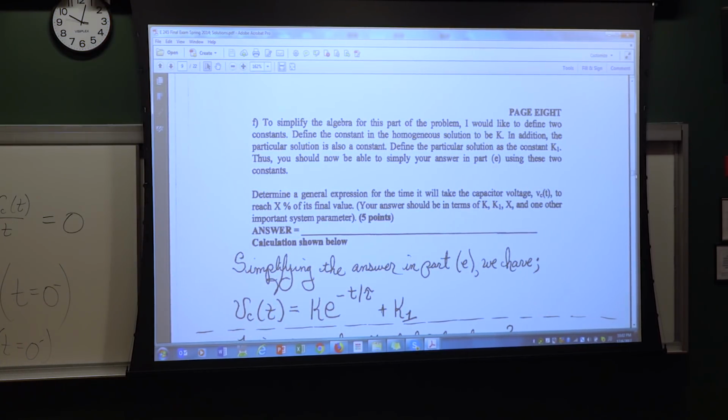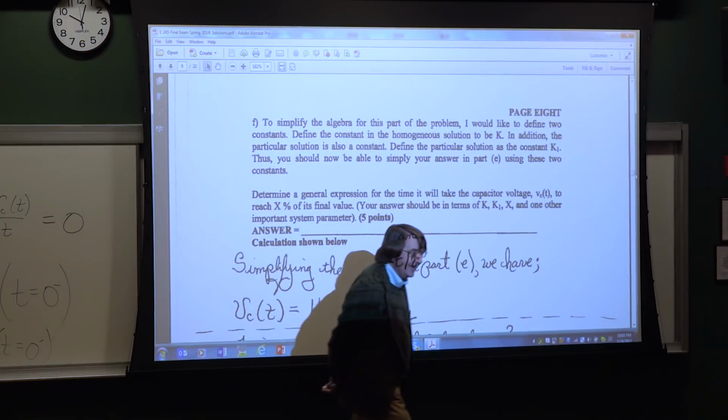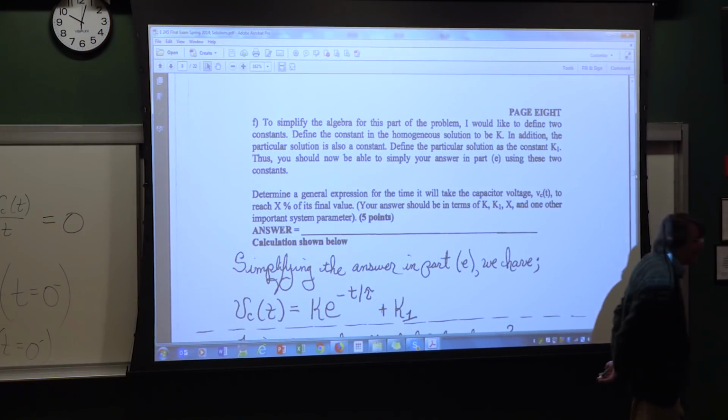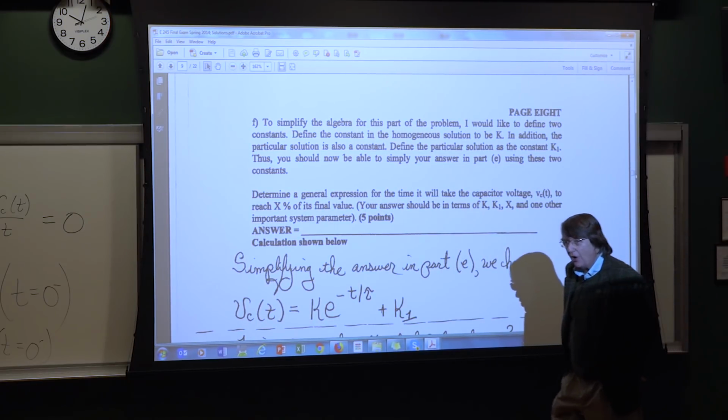I then say, tell me the time it will take for the capacitor voltage to reach X% of its final value. I like this. How long will it take to reach 80%, 85%, 90%? Now, you know what the hardest part of the problem is?